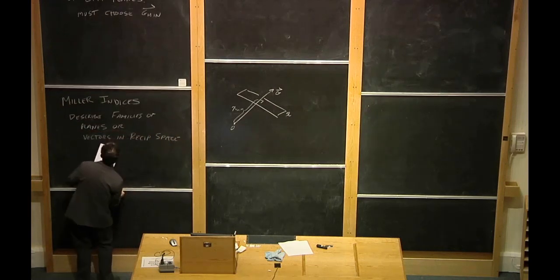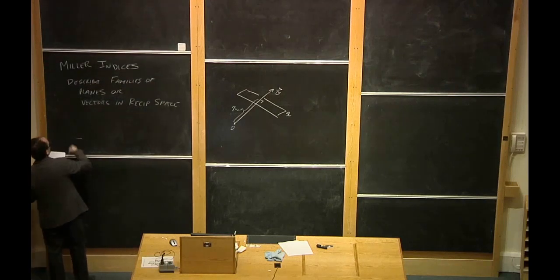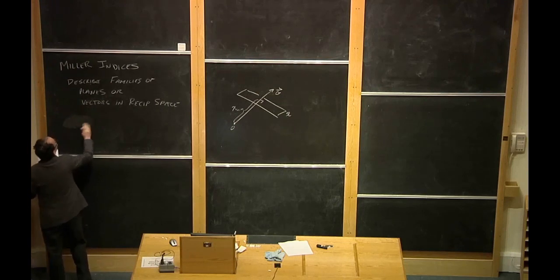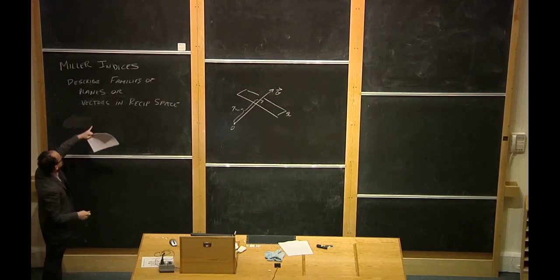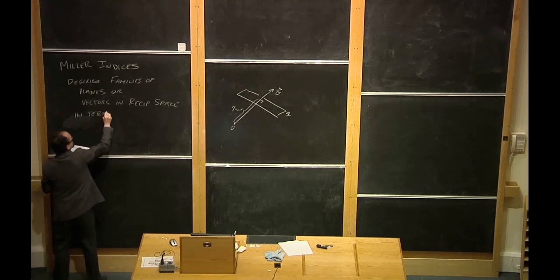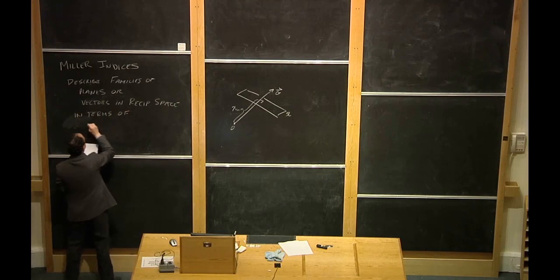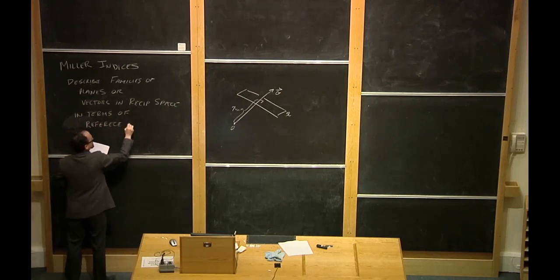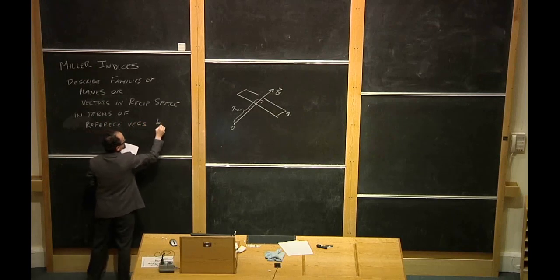And the idea of a Miller index is that you write in parentheses (HKL) to mean, actually, before I do that, we describe families of planes or vectors in reciprocal space in terms of reference vectors b sub i.